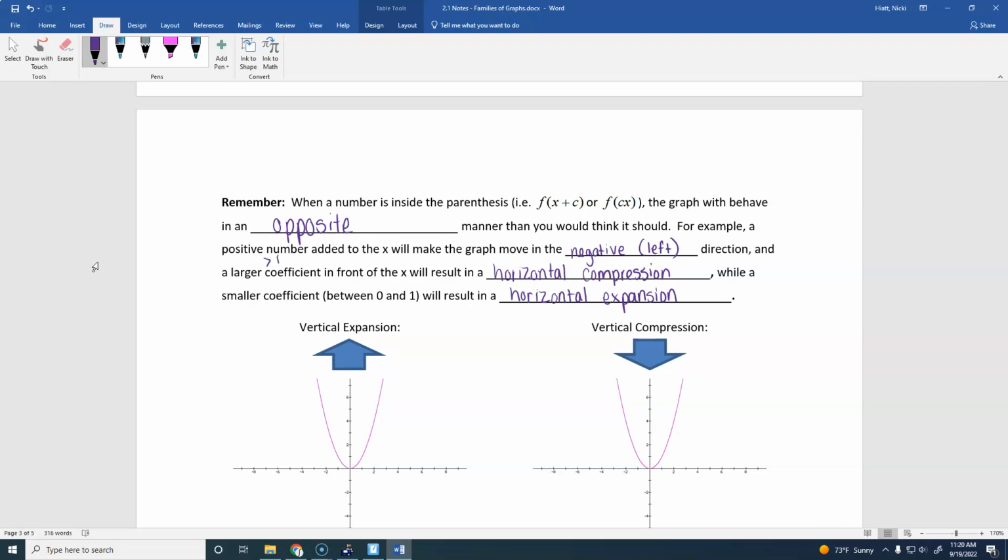It doesn't do anything if it's equal to 1, because multiplying by 1 doesn't change anything about it. So if it equals 1, it'll just stay the parent function.